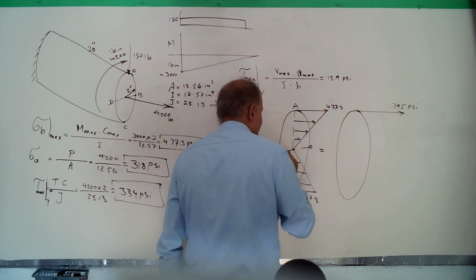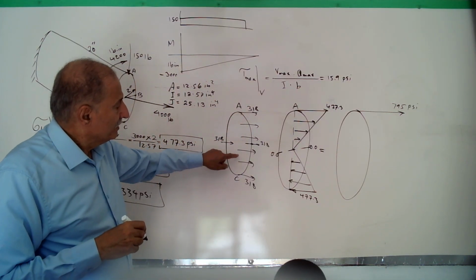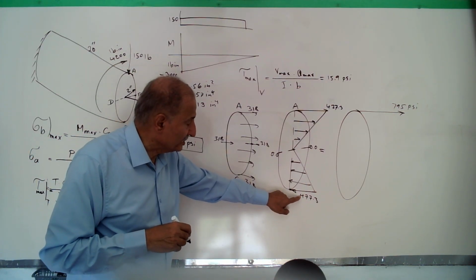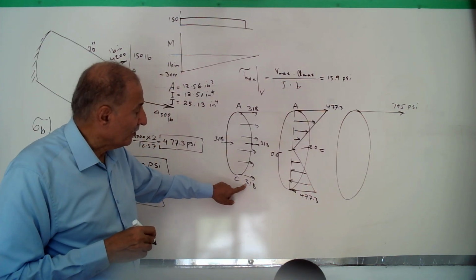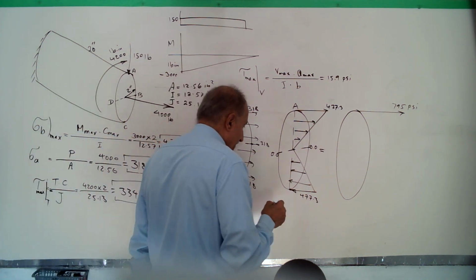At here, the value of bending is 0, and at the bottom point C, we have this, which is negative, plus 318, which we reach to 159.